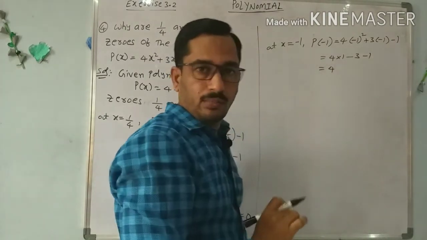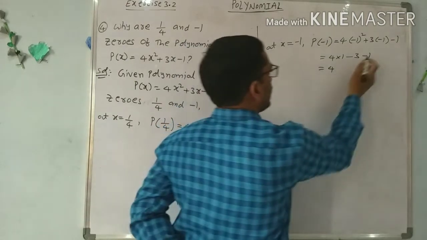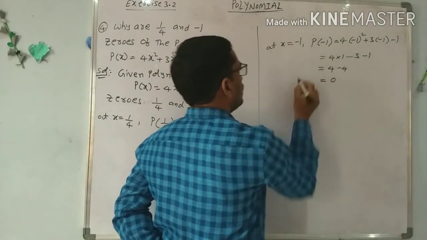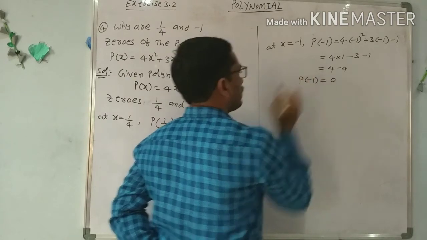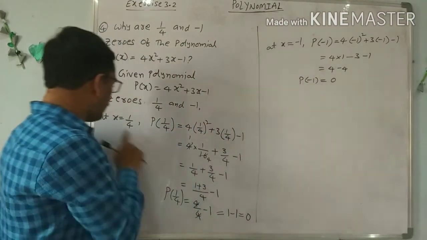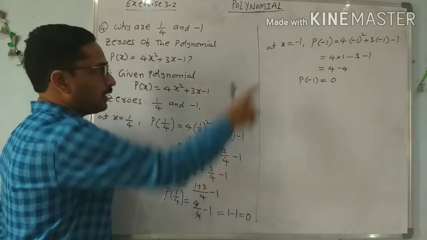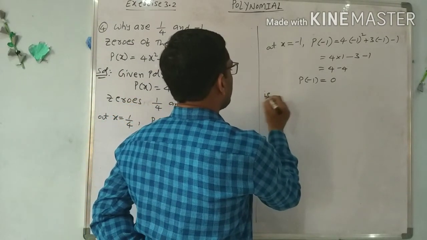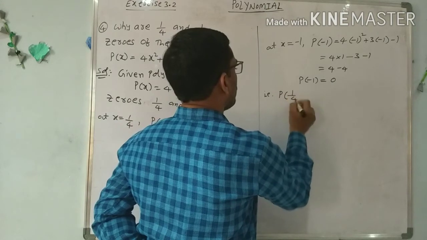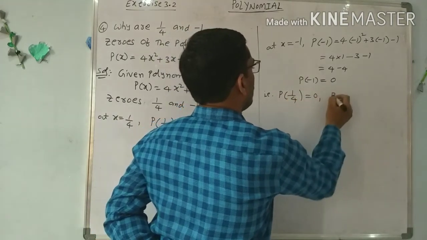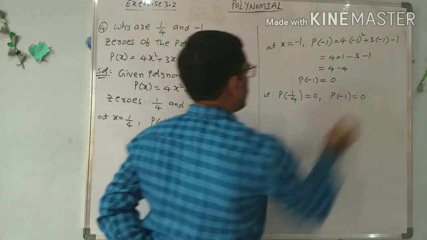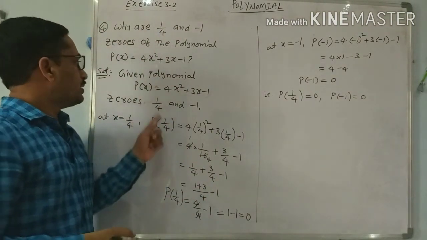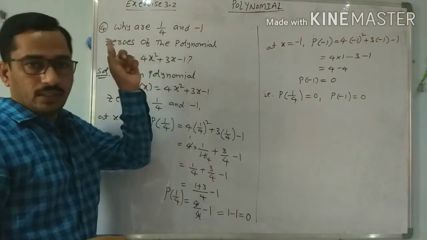Sum of two negative numbers is negative, minus 3 minus 1 value minus 4, 4 minus 4 value 0, means p of minus 1 equal to 0. P of 1 by 4 equal to 0 and p of minus 1 also 0. So we are getting the two zeros, means these values are zeros of the given polynomial.